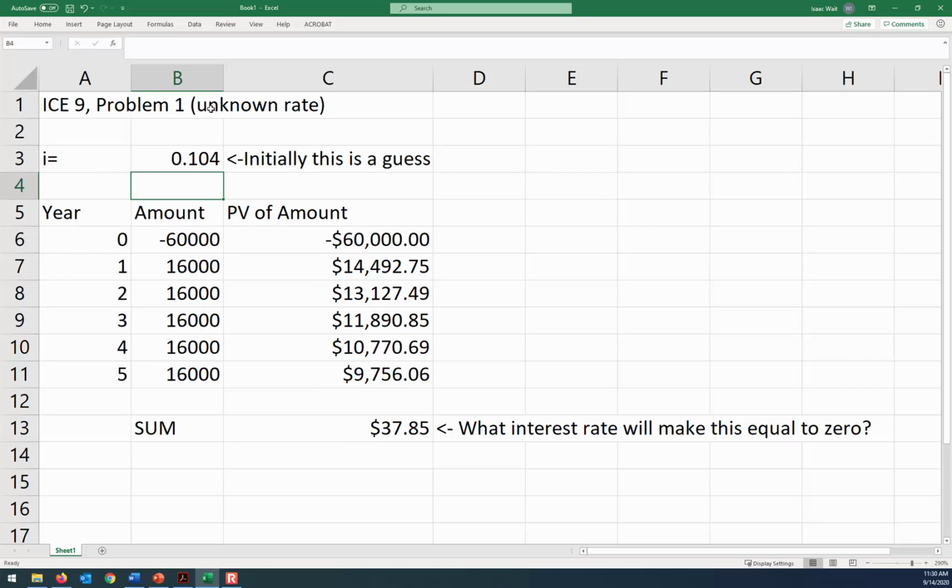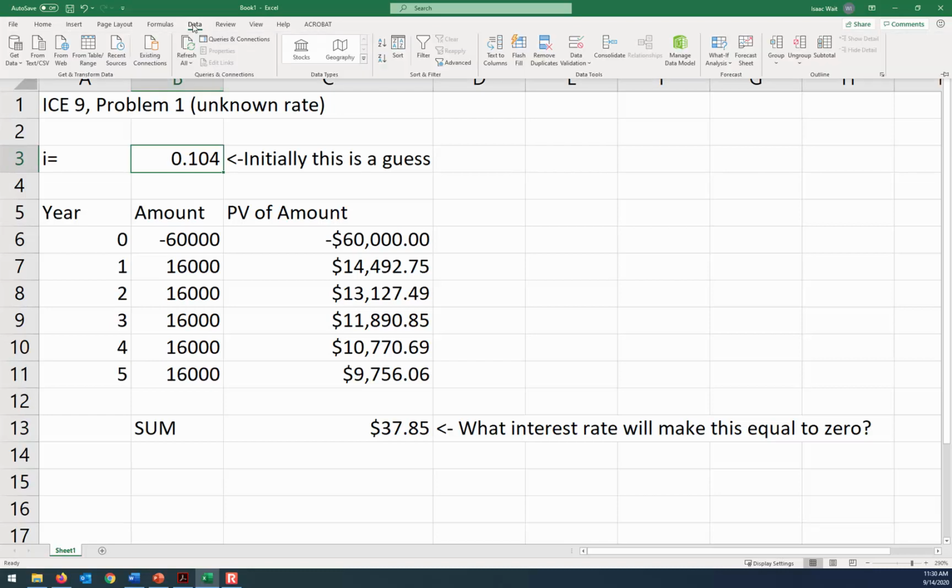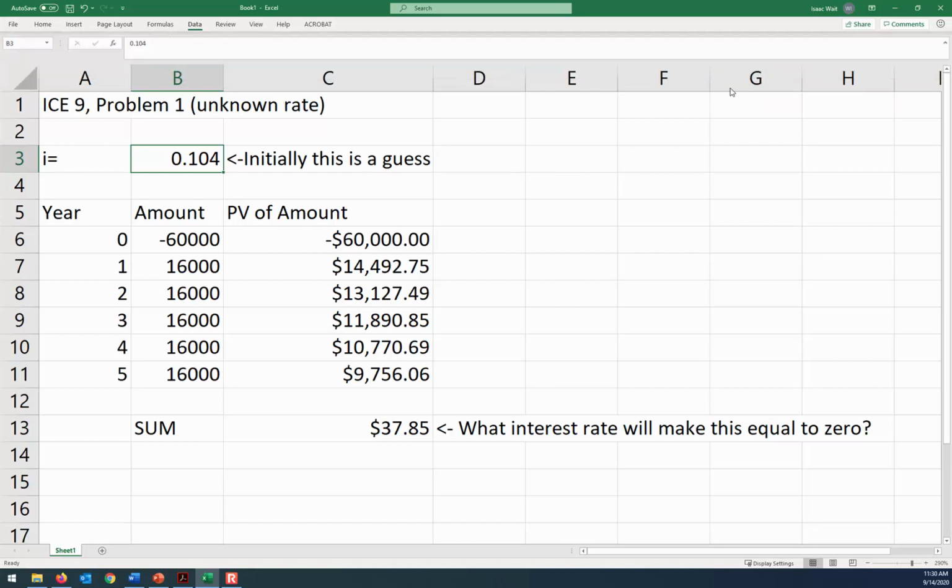So there is a way to automate the process of looking for that perfect interest rate. Here on the Data tab, if you click on Data and then What If Analysis and then Goal Seek, then that will allow us to say set this cell to a value of 0 by changing the interest rate.